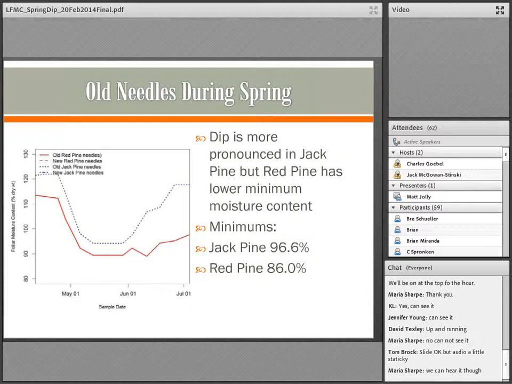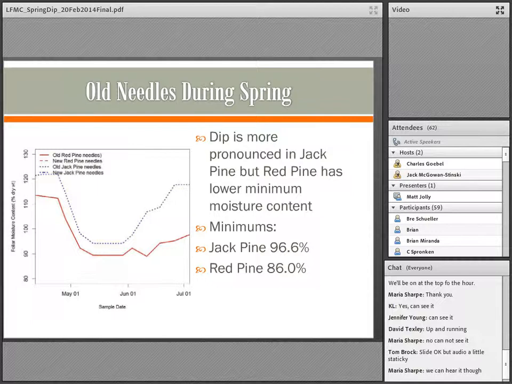During the springtime, or during the dip period itself, we can tell that just like Van Wagner reported, the dip itself is more pronounced in jack pine, but the actual magnitude of the dip is more pronounced in red pine. So the red pine moisture contents go down to 86%, while jack pine moisture contents drop down to 96.6%.